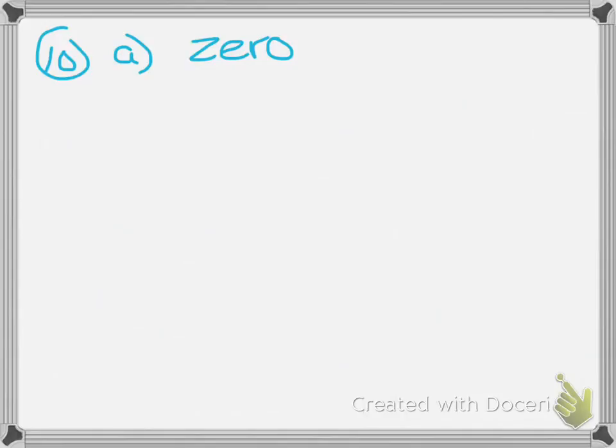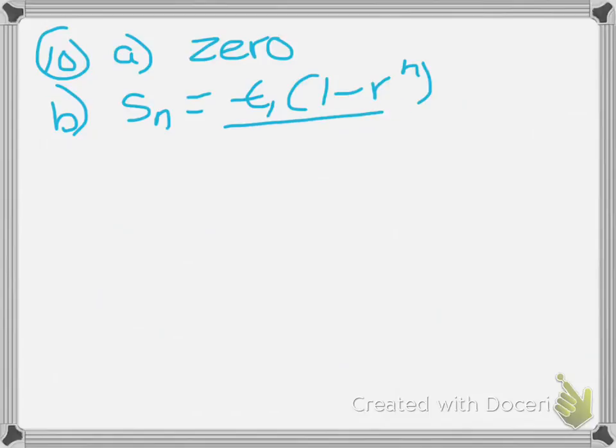And then B says, use your answer from part A to modify the formula for the sum of the geometric series to determine the sum of an infinite geometric series. Well, we know that the sum is S sub n equals our first term times 1 minus our common ratio to the power of n, divided by 1 minus r.